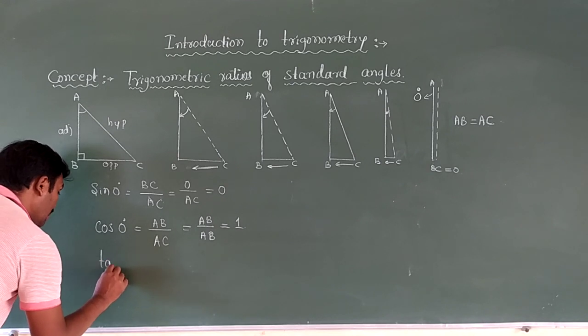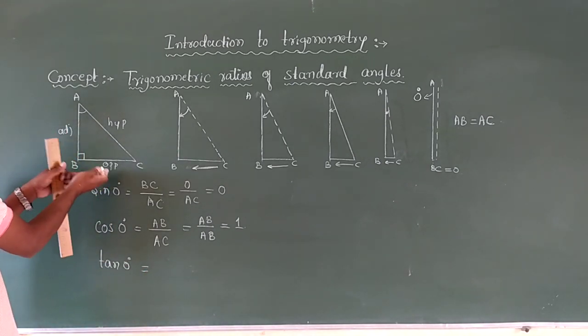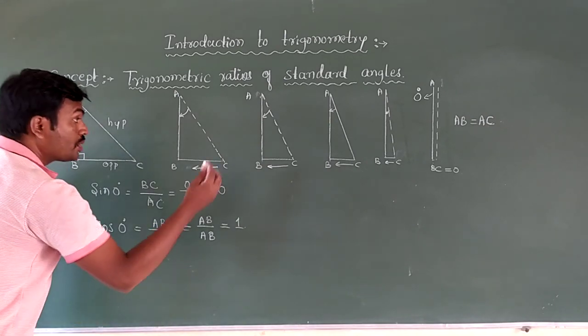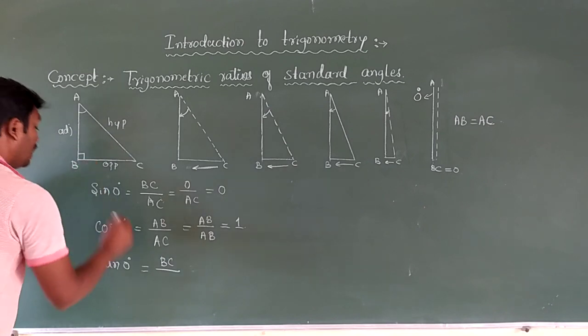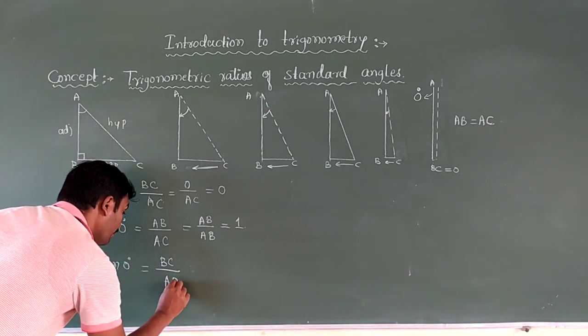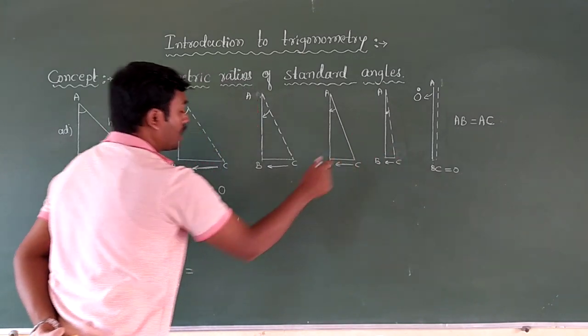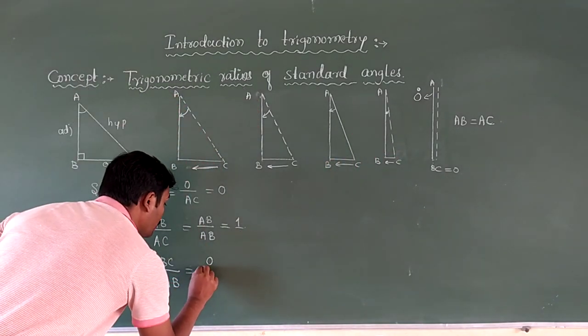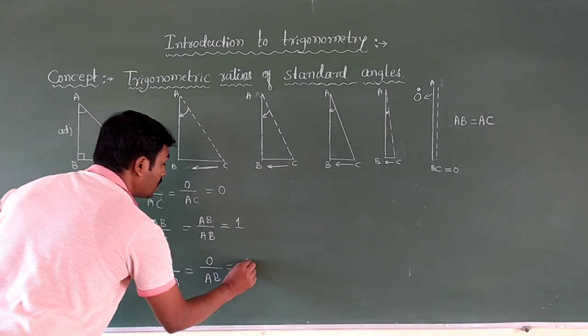Next is tan 0 degree. Tan is what? Opposite by adjacent. Opposite is BC, so BC by AB. BC comes closer and closer to 0. So 0 by AB is equal to what? 0.